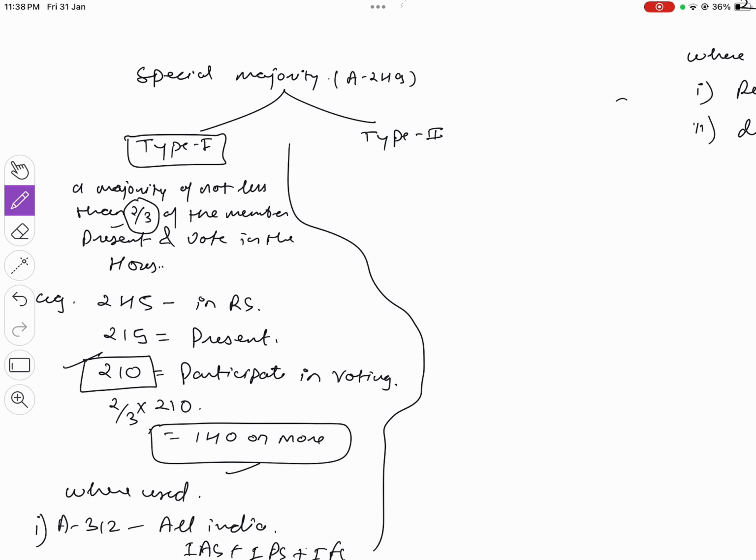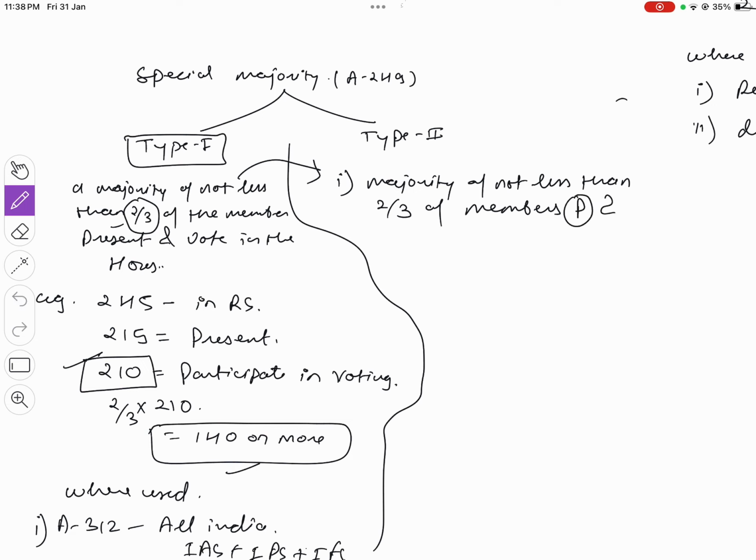Now special majority type 2. There are two conditions, both of which need to be fulfilled. The first point is the same: a majority of not less than two-third of members present and voting in the house.